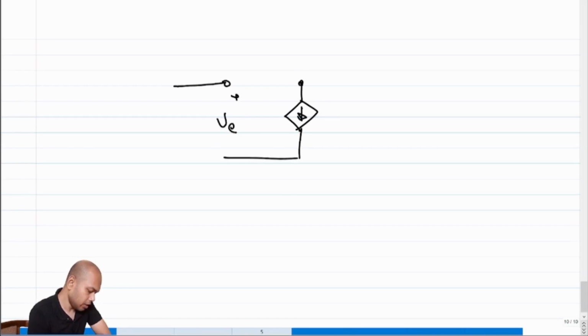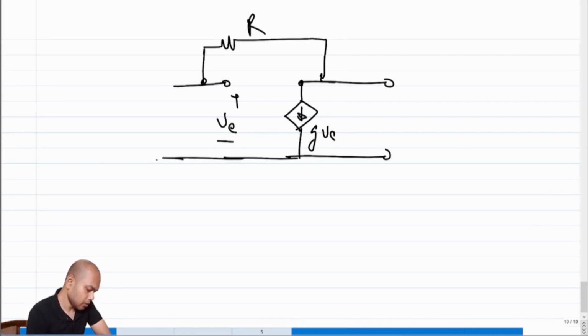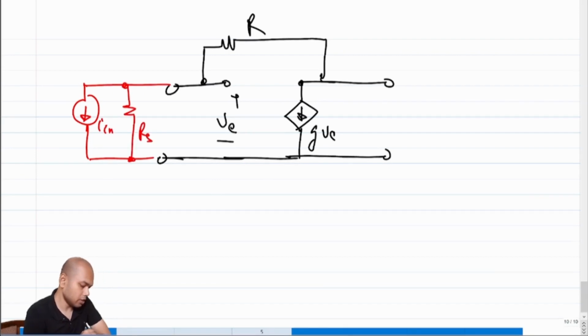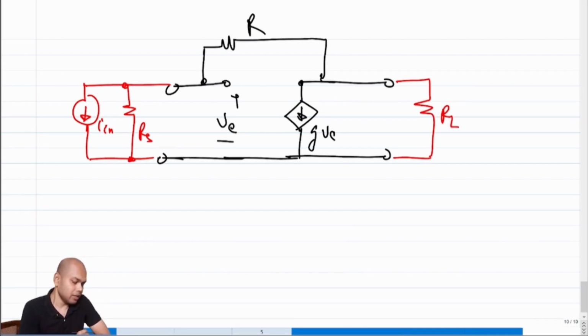So this is VE, this is G times VE, this is R, these two go out, this is the input, I in, with a source resistance RS, and this is RL, right? So this will behave like a current controlled voltage source, right?